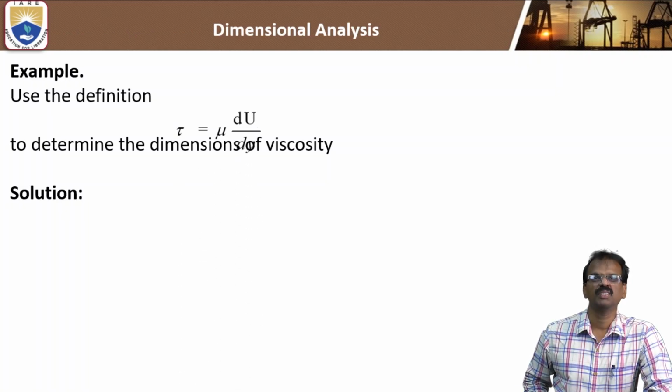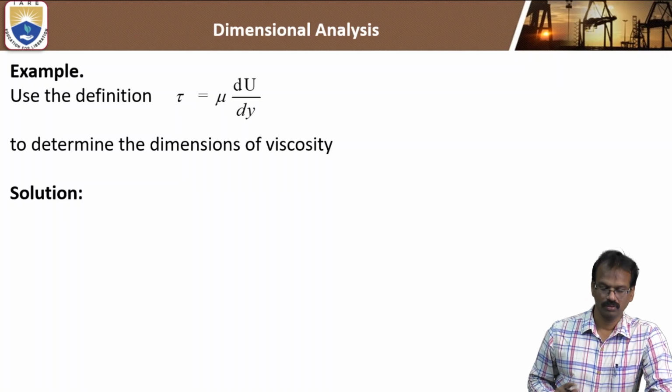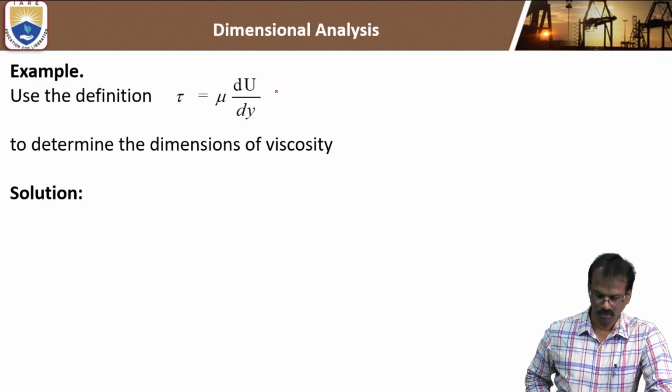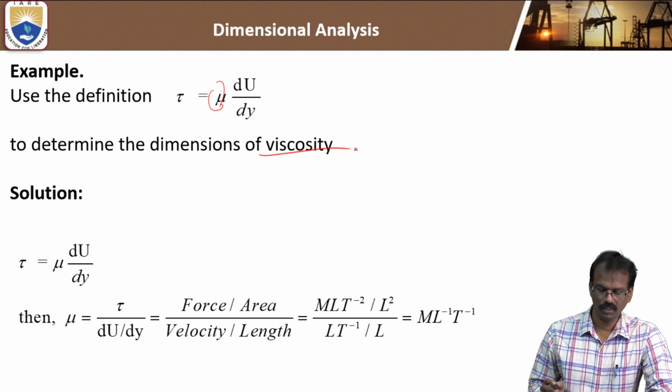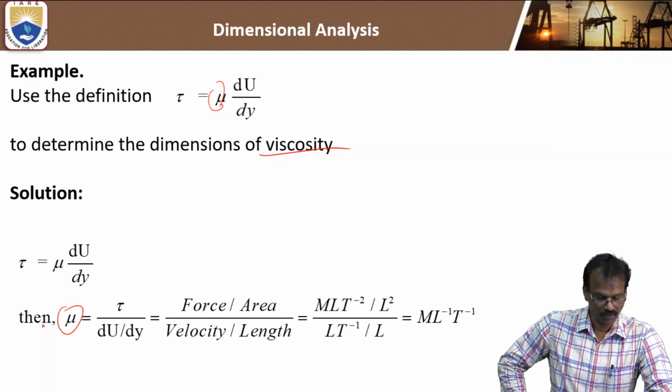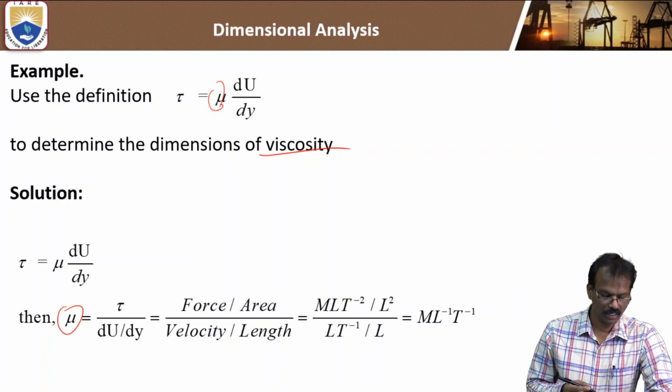Use the definitions. You know that shear stress tau is equal to mu into du by dy. To determine the dimensions of the viscosity, this is the dynamic viscosity.